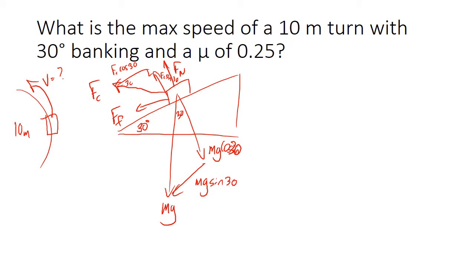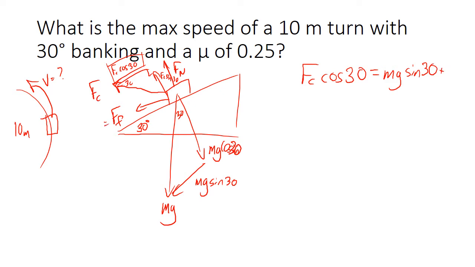Alright, so we want to know what the speed is. We're going to set it up the same kind of thing. So we know that FC cosine 30 is going to equal mg sine of 30. But that's not all. He's got help now with the force of friction.